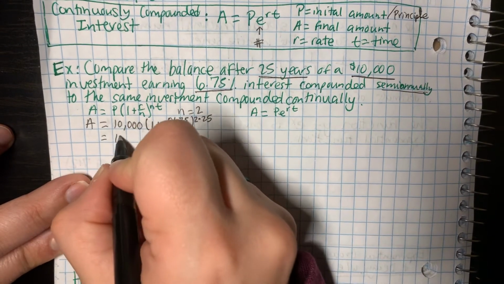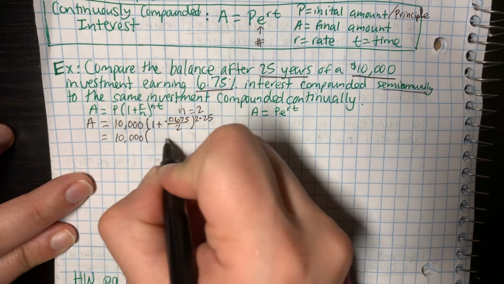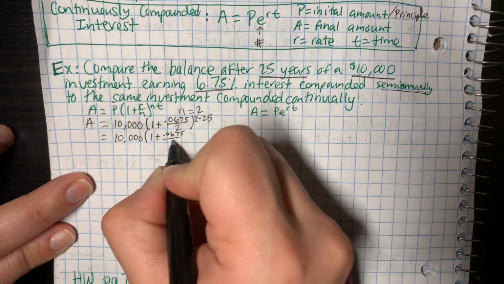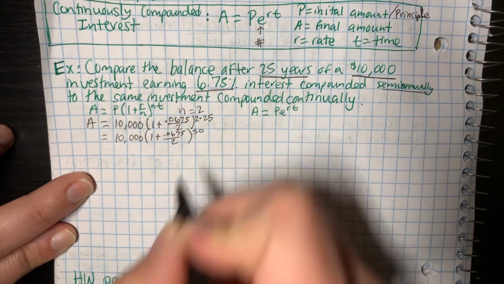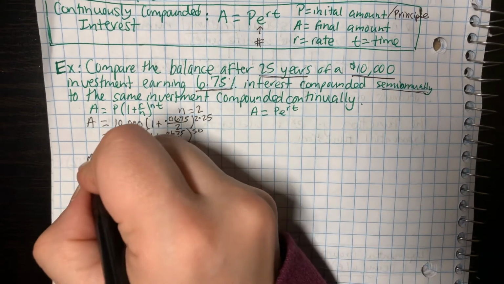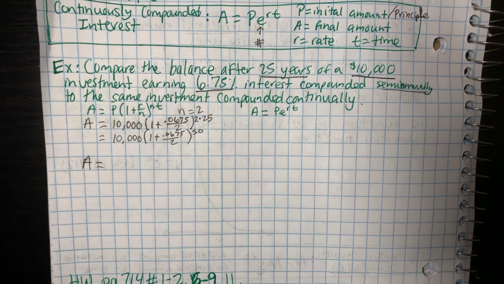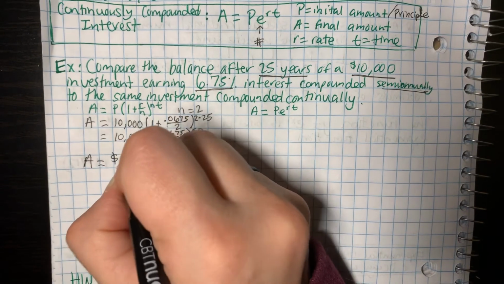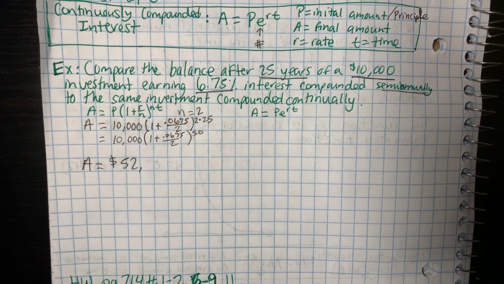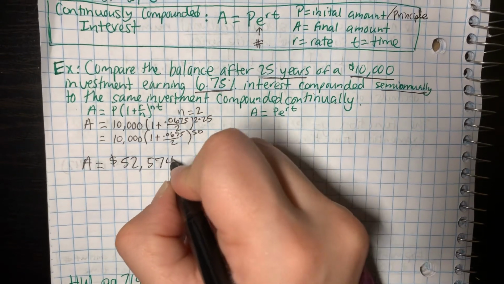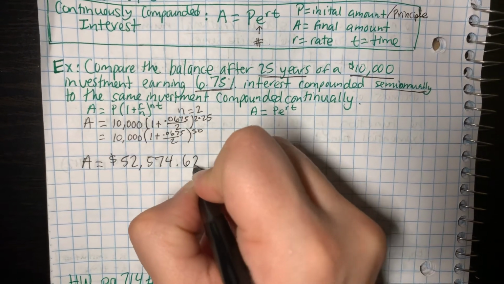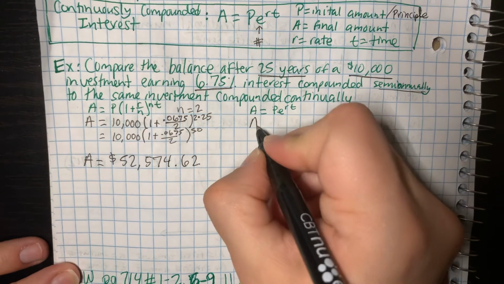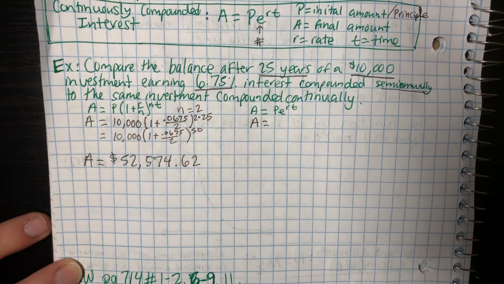You could make this just off the top of your head to make your plugging easier. 50. Okay. So that amount is going to be $52,574.62. Okay. All right, so we're going to use PERT now, our compounding continuously.